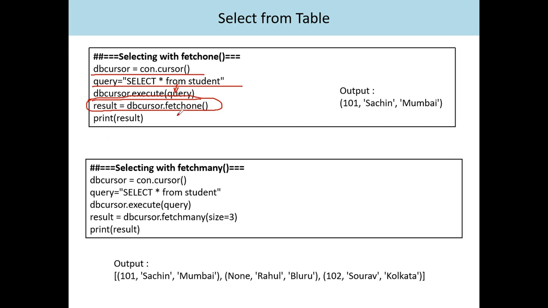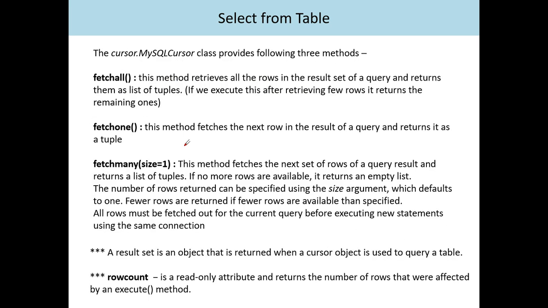You can give three different functions: fetch all, fetch one, or fetch many. Fetch all will return all the records from the table. Fetch one will return one single record, the next record, one after another.